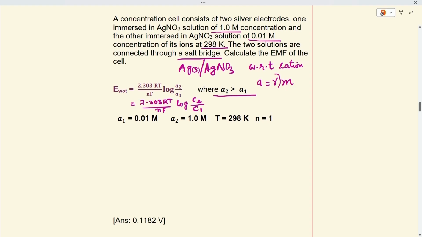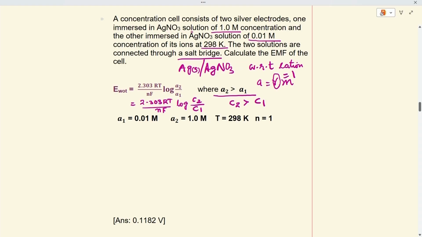Here the activity coefficient value is equal to 1, so activities are directly equal to their concentrations. So, I am putting it as C2 by C1. Again, here also C2 should be greater than C1.